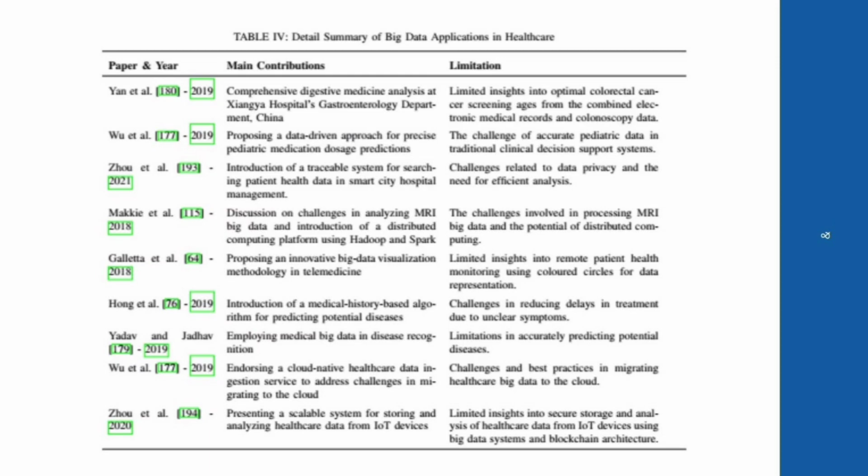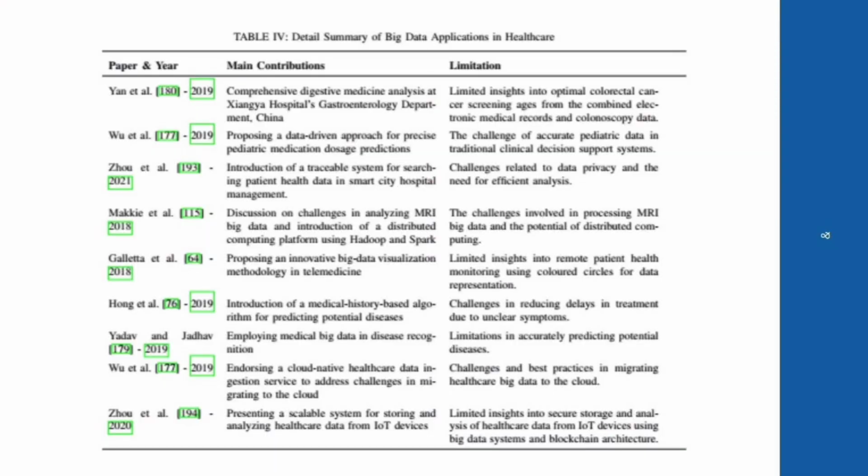In the next table, you can see that we have summarized the main contributions and the main limitations. You saw that we categorized the data, and after categorization, we discussed the main contributions and main limitations of each paper.